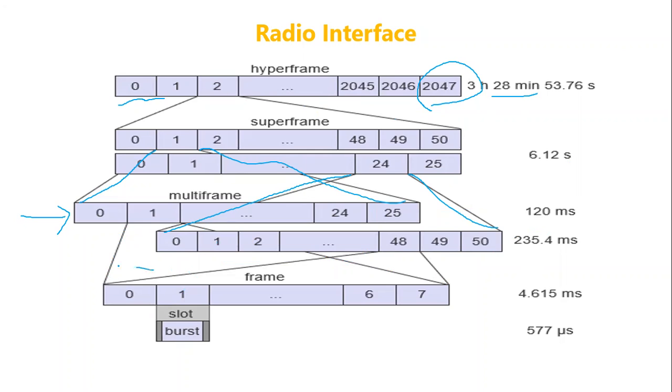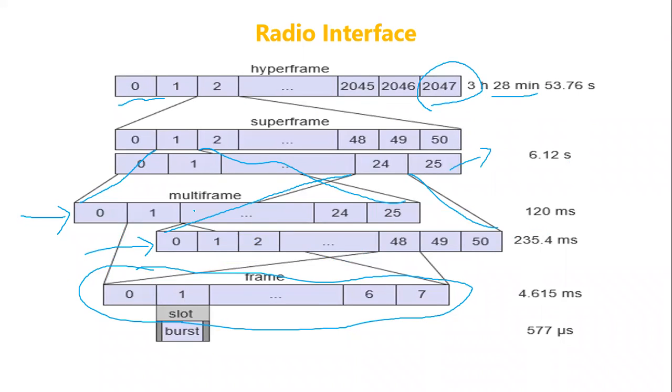So we started with the frame. The frame can have 8 slots. If you combine 26 frames, that is called one multiframe. If you combine 51 frames, that is called one control multiframe. If you combine 26 frames of 51 multiframe, that is called one superframe.